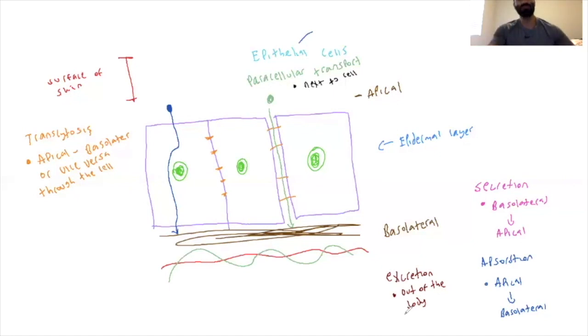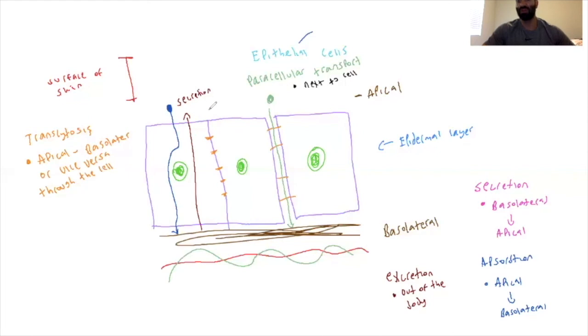All right. So once again, transcytosis is when a compound actually travels through the cell. If it goes from the basolateral to apical side, then we call it secretion.